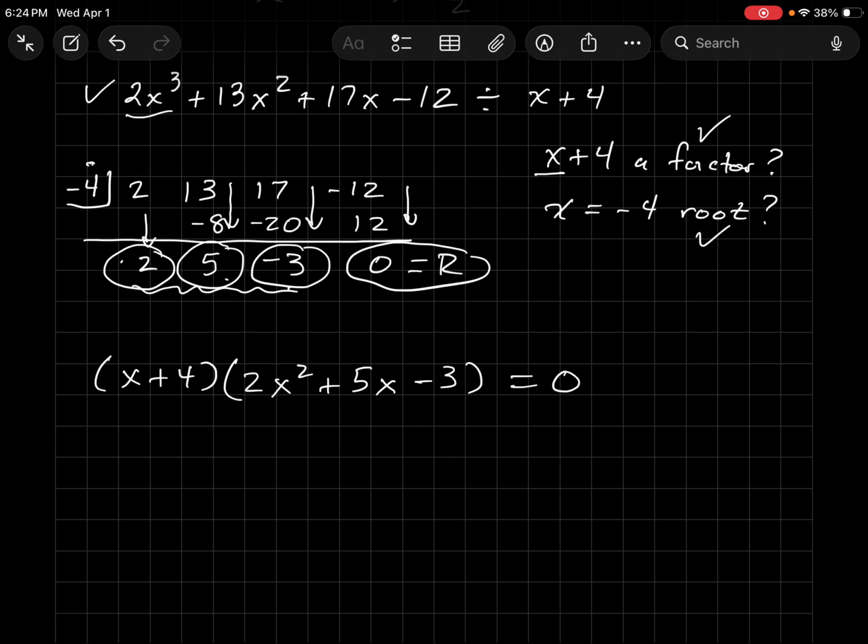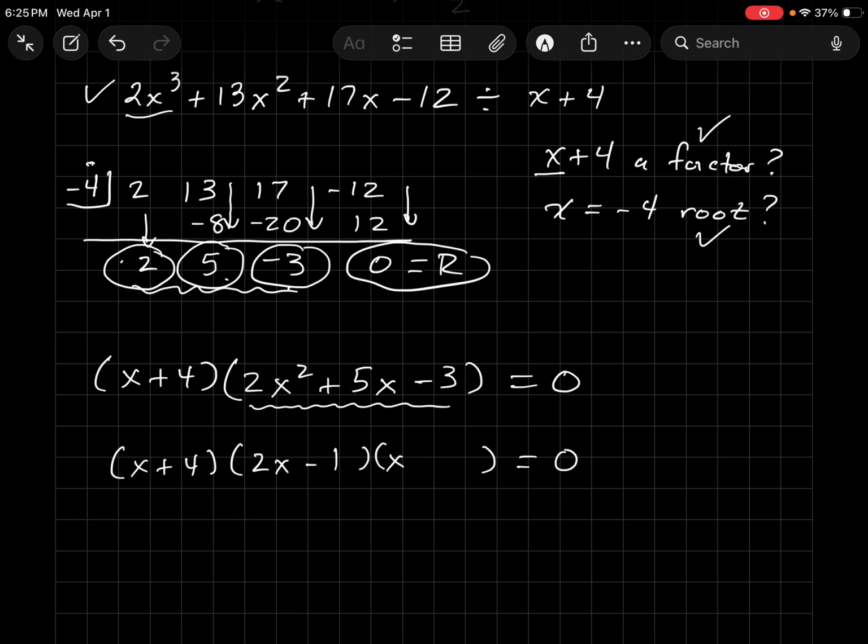At this point, we could try to factor our leftover quadratic, and that's really the goal often when we're dividing polynomials or trying to find zeros or roots, is to somehow get it down to a quadratic. Because at this point, either we can factor it, which I'll try right here, or if not, then we can use quadratic formula.